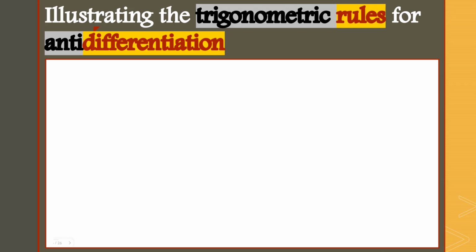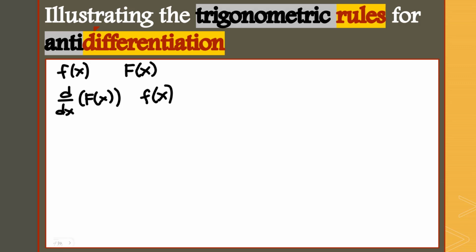Take note that if we talk about a certain function f of x in a general sense, its antiderivative is the capital letter F of x if the first derivative of that function with respect to x returns whatever your f of x is.